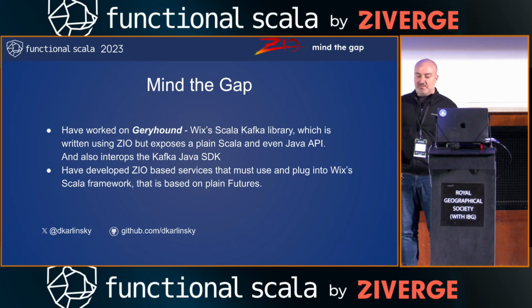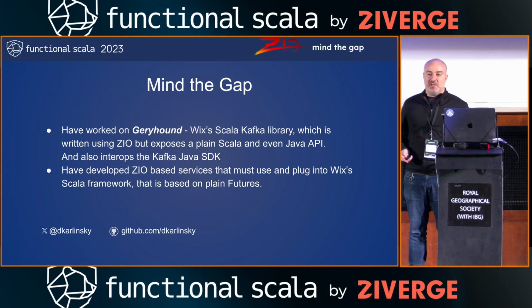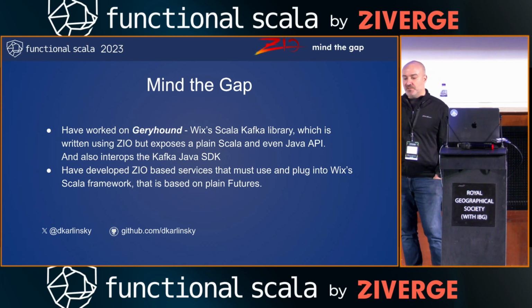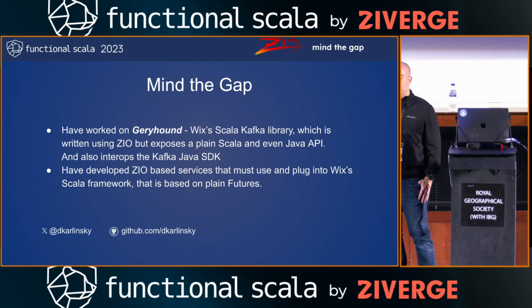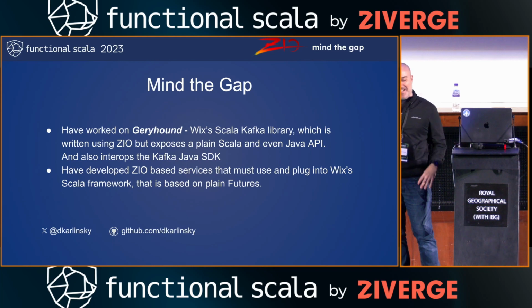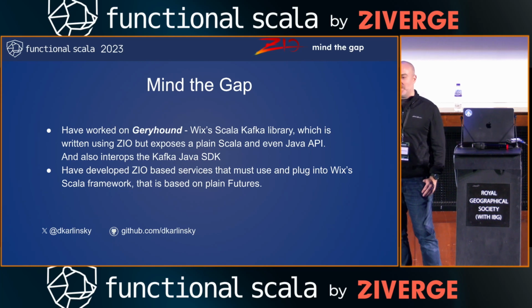My talk is called Mind the Gap. I worked on this project called Greyhound at Wix, which is a Scala Kafka library, with a lot of integration with the Kafka API, which is a Java API.